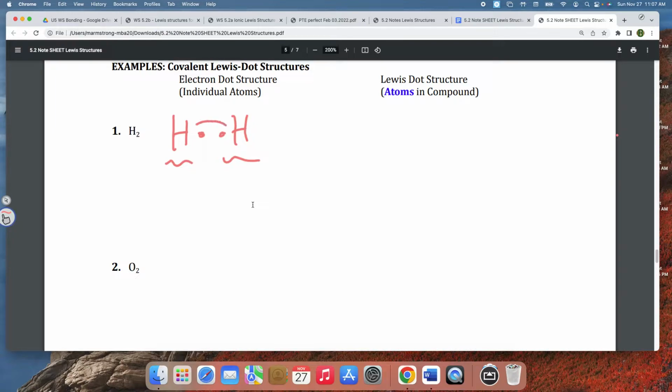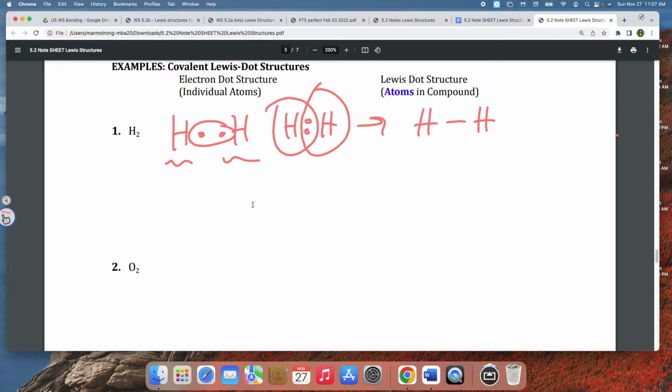They really want 2, so if they share them, then they each think they have 2. This hydrogen thinks it has 2 electrons, and that hydrogen thinks it has 2 electrons. So the final way we would draw this is H with a line and an H. If you also wanted to draw it with the dot and the line and the dot, that would work also.